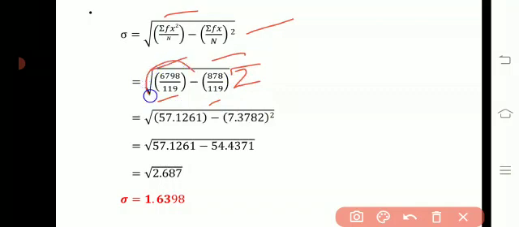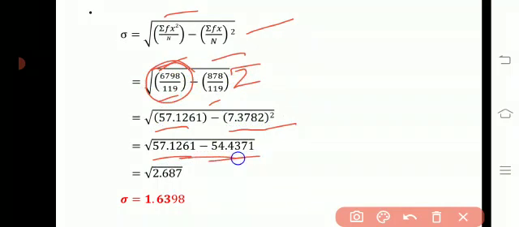Then if you simplify this, 6798 upon 119 gives 57.1261, and (878 upon 119) squared is 7.3782 squared. Now 57.1261 keep as it is, and 7.3782 squared gives 54.4371.